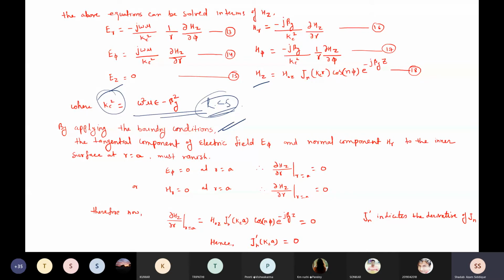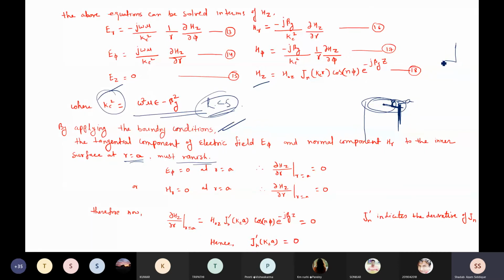The inner surface has the dimension r equal to a, and that length is called a.